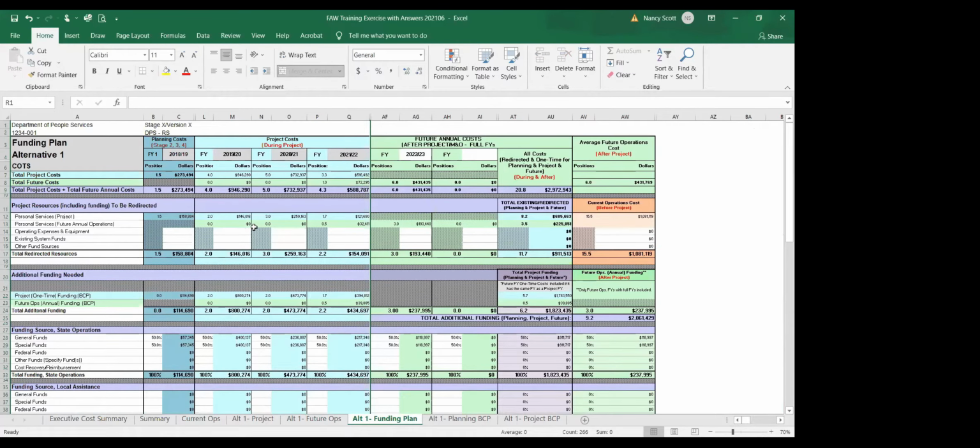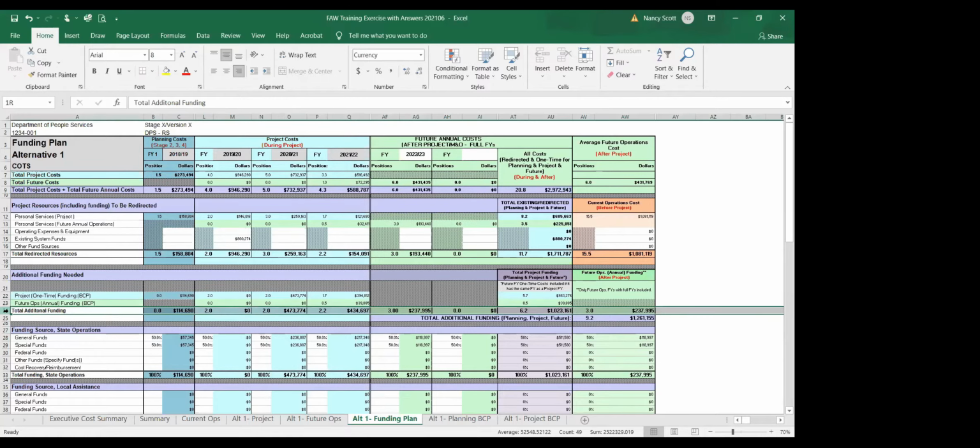Another important thing is that if you have existing funds, you can indicate them here. So if I said I have 800,274 that I'm going to fund it with, it'll show that my BCP, which is line 24, I don't need funding for that year.